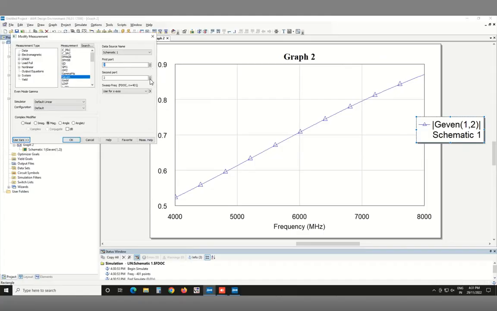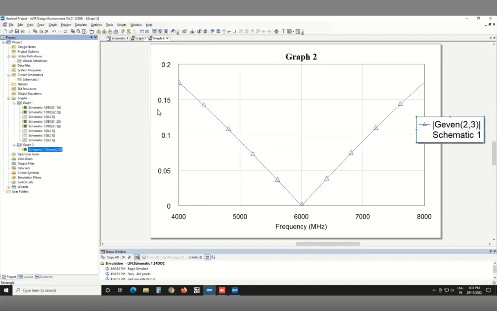Sorry. Output ports are port 2 and port 3, right? Okay. So even mode gamma is also 0, right? This is what we had first calculated, which is the same as saying it's a matching condition. The input impedance looks like 50 ohms.